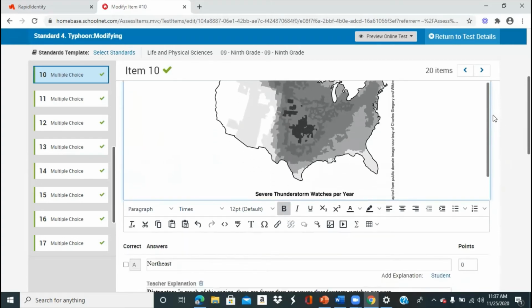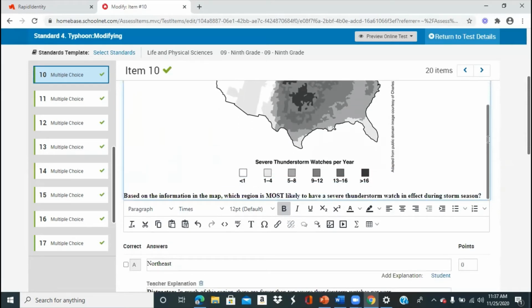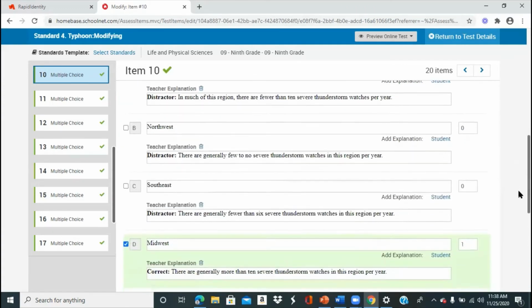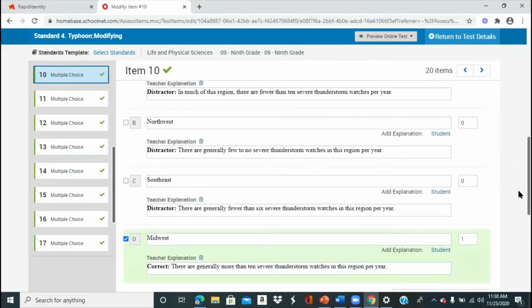And based on the legend, when you have a dark shade of color, you might have severe thunderstorms. Now, the problem is what region is that? It's not northeast, it's not southwest, it's not southeast either. So whatever is left is the best answer. In this case, the answer options give you the Midwest. So therefore, the Midwest is the correct answer.